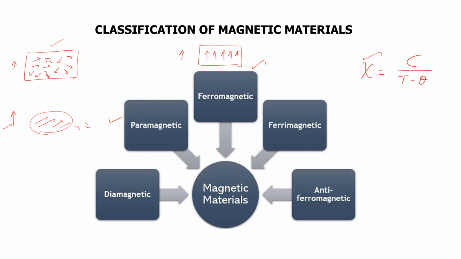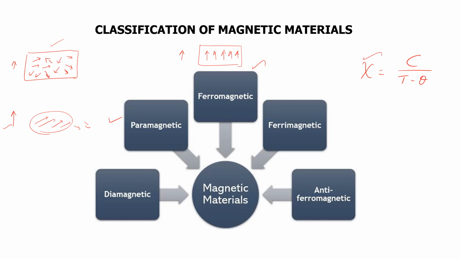When the temperature is greater than the Curie temperature, ferromagnetic material becomes the paramagnetic material. Then permeability is much greater than 1. The examples are nickel, cobalt, ferrous, all these are examples for ferromagnetic material.